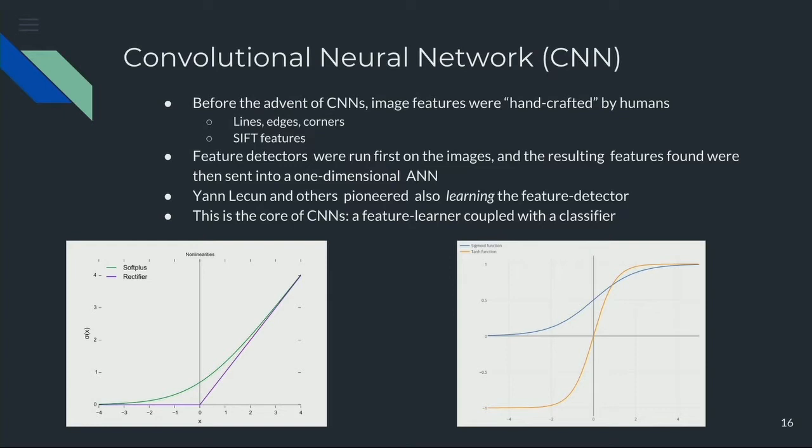A really popular one is, I'm sorry if it's not super clear, the blue one that goes like this. It's called a ReLU, a rectified linear unit. It basically says that if the sum is less than 0, the neuron outputs 0, and if it's greater than 0, it outputs whatever the value is.